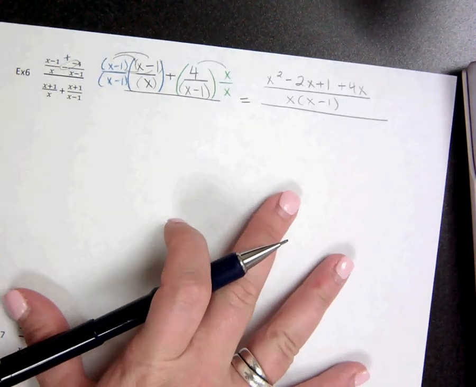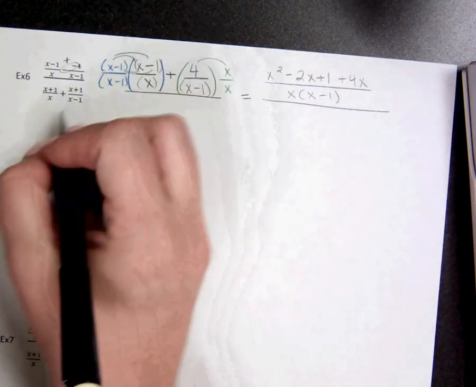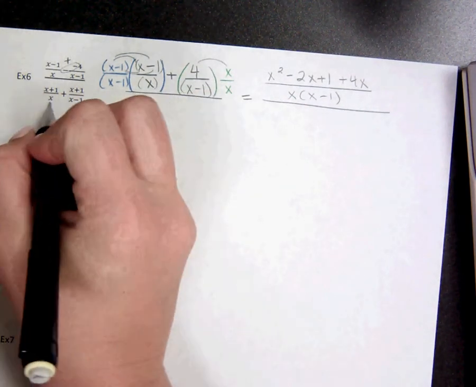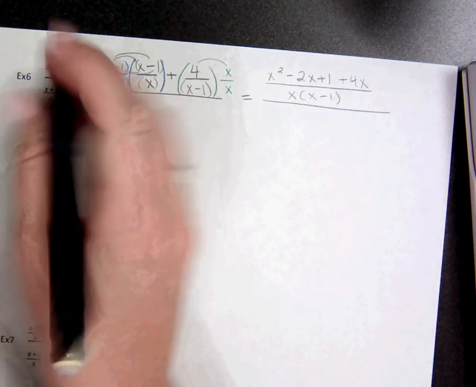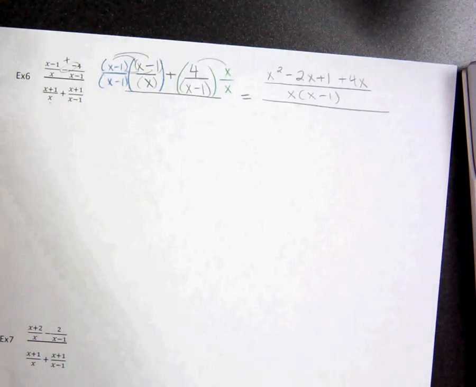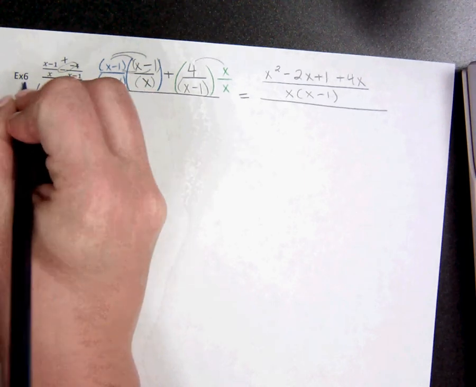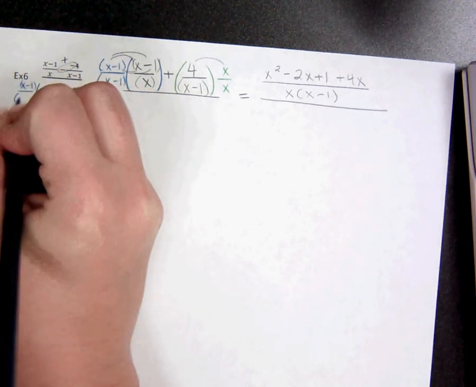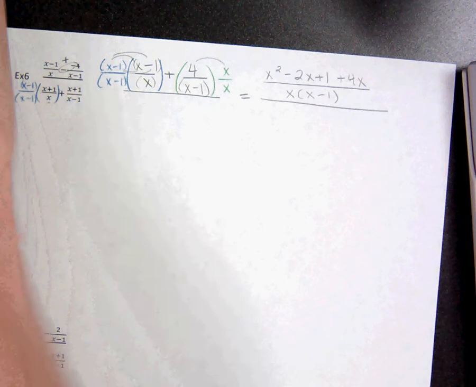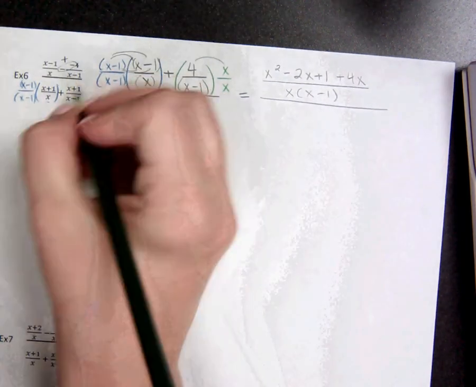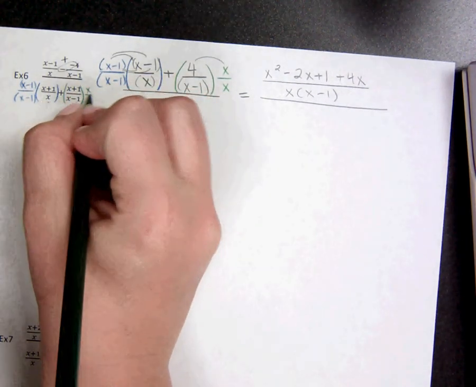Let's look at the bottom. So we have x and x minus 1 again. So we're going to have to multiply the first part of this one by x minus 1, and the second part of this one by x. And you can write it again if that's too small for you.